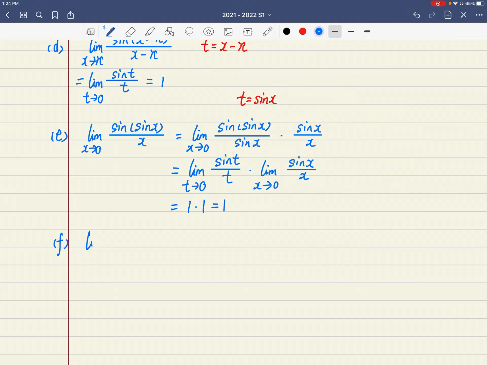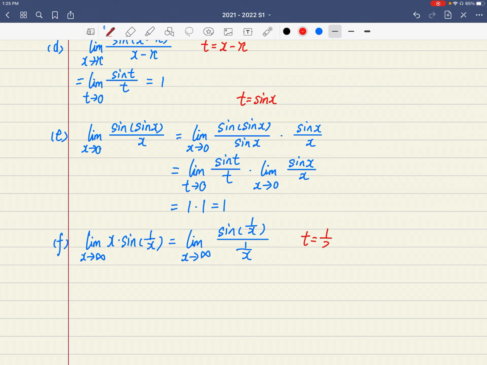Part F. The limit as x is approaching positive infinity of x times sine of 1 over x. Now, you can rewrite it as sine of 1 over x, over 1 over x. Because if you write it this way, you can do the substitution. t is 1 over x.